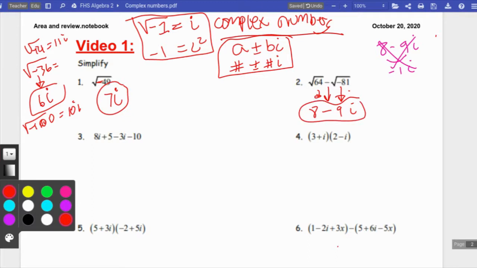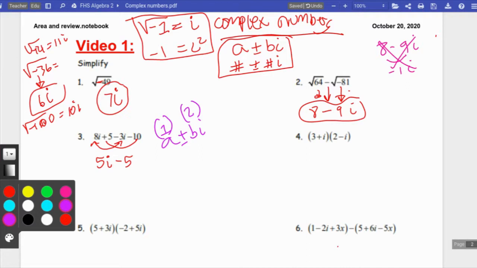Number 3 is basic math. You're just operating, putting the i's together, combining like terms. This right there should give us 5i, and this right here should give us -5. Now, if you go back to what I mentioned earlier about a plus or minus bi, the a should be in the first place, and the b should be in the next.